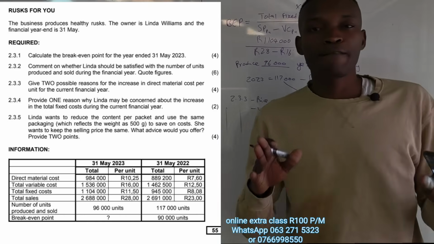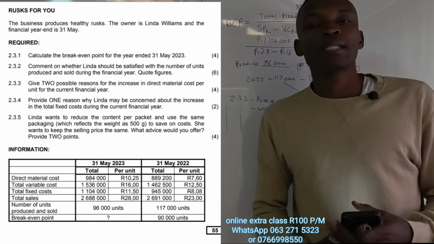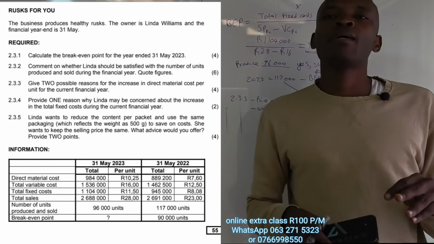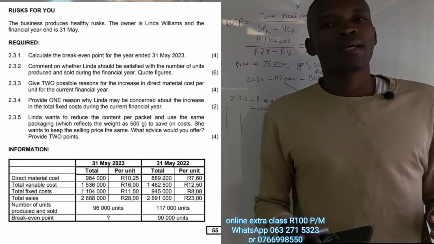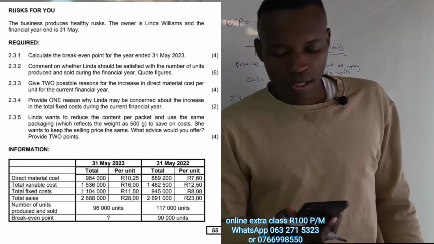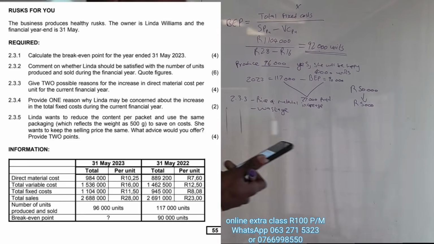Because when we say fixed, we are expecting the cost price to remain constant. Even if there could be some increase, guys, it must be reasonable. Okay, it must be reasonable. But if the increase is too high, there is something wrong about the fixed cost.